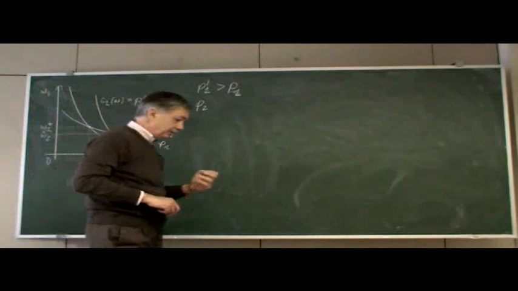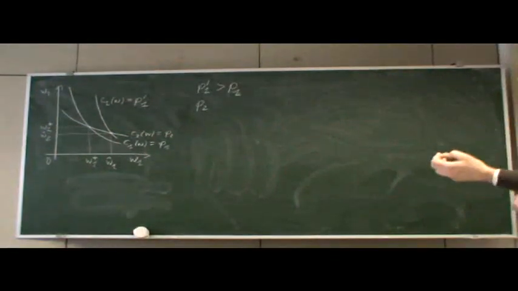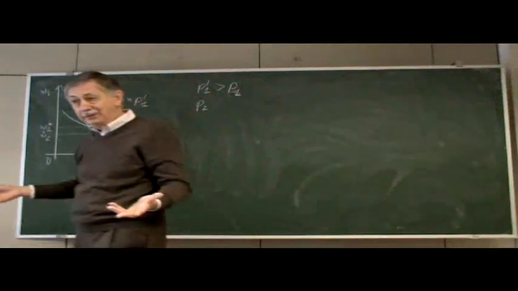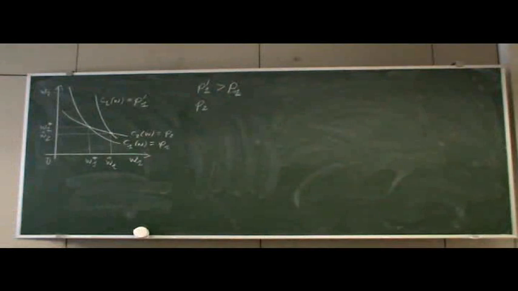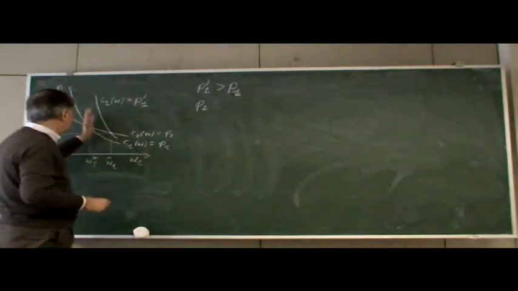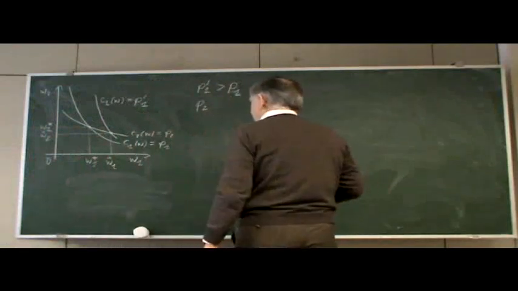Why? Because if the factor prices remain unchanged, you would have a positive profit for the firm. This is impossible. This is contrary to the hypothesis of constant returns to scale. And so the curve must move rightwards.